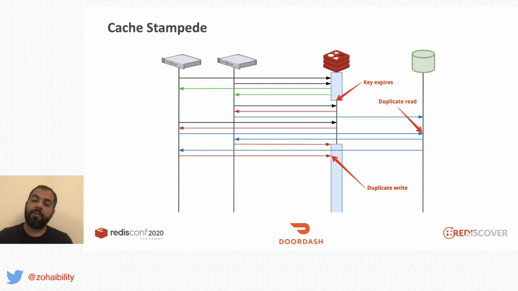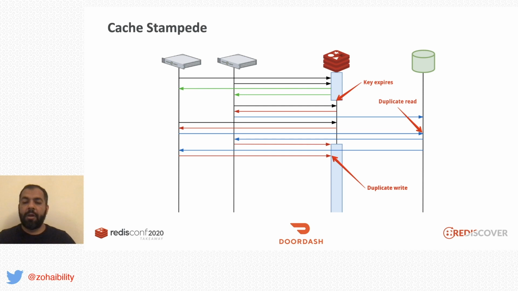That's not where the damage stops, actually. After reading from the database, since everybody is going to write back to Redis, everyone is now doing a duplicate write back into the Redis cache itself. So a stampede, or a herd, is a phenomenon where, in the case of Redis, due to a cache miss, we're causing a stampede or a thundering herd on the database.